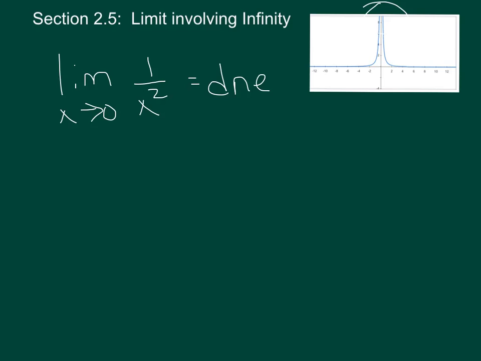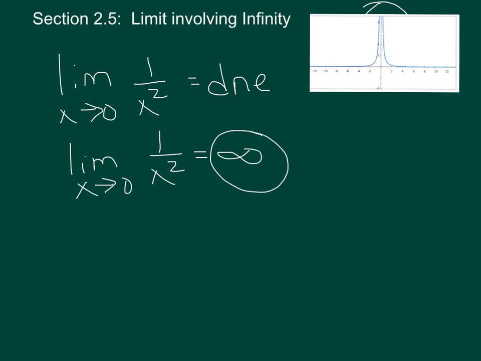So it would be appropriate to say that the limit as x goes to 0 of 1 over x squared is actually positive infinity. And we would all understand what that means. This is the first part of limits involving infinity that we're going to talk about. We just need to know that this quantity, infinity, indicates that the limit doesn't exist.